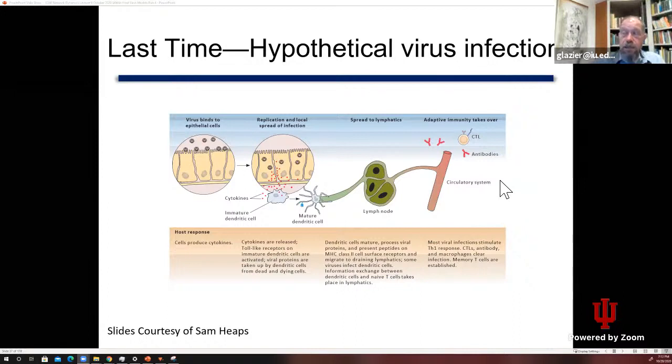And the key issues in modeling this are that this step takes time, days. And once you're in the lymph node, the production of T cells by replication takes days.